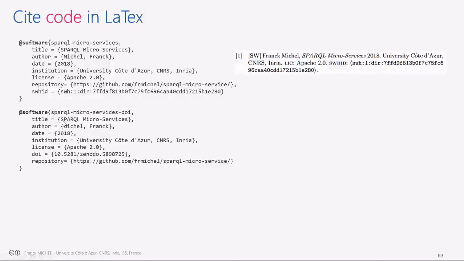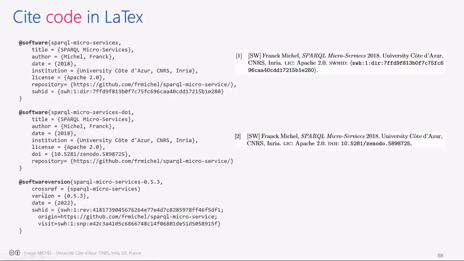Here I create a second entry, but with the DOI this time. And here I create a software version entry that cross-references the software entry and adds a SWHID specifically for that version and not the whole repository. So you see that you can cite a whole project in itself or cite a specific version or a specific commit of that project if you like.